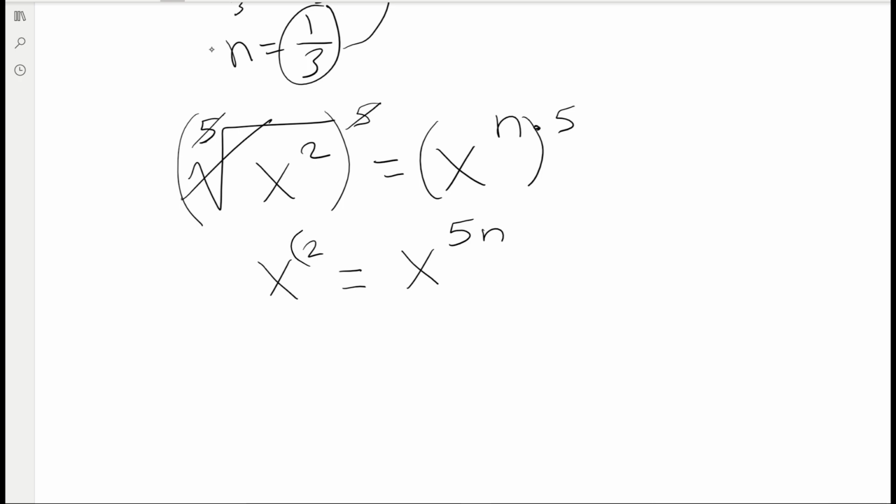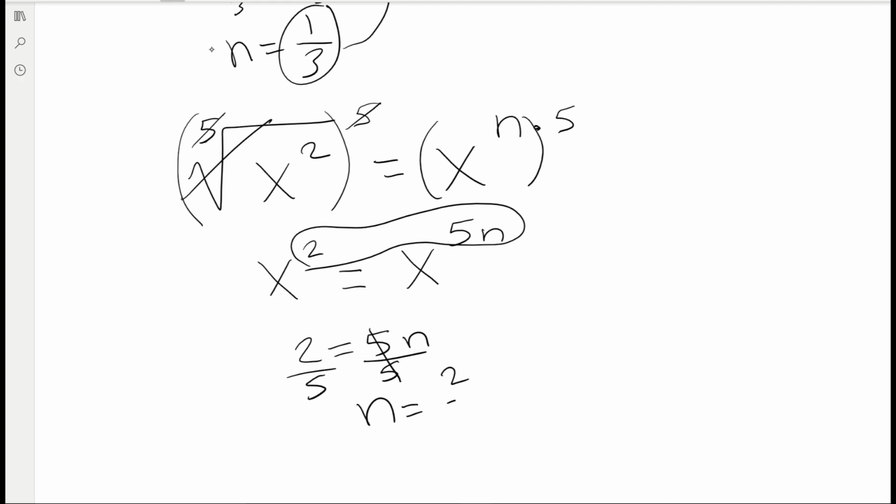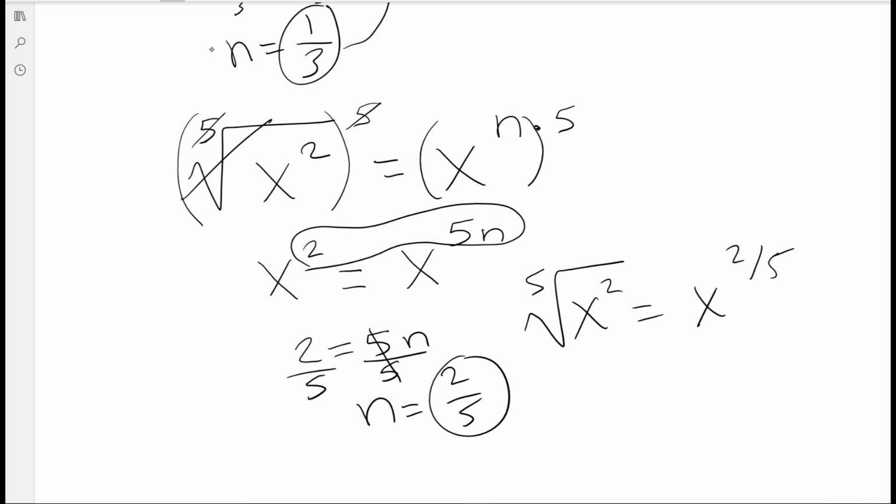So now we know that the exponents have to match. So I know that 2 has to equal 5n. And so I can solve for n by dividing by 5. So my exponent n has to be 2/5. So that means that the 5th root of x squared is x to the 2/5. Interestingly enough.